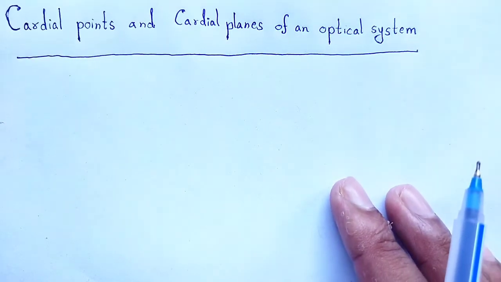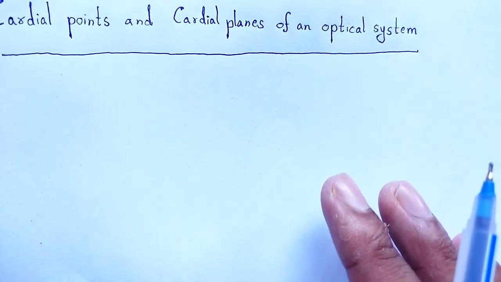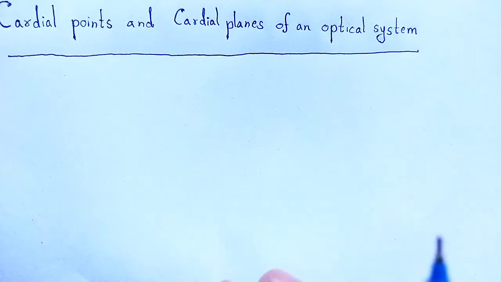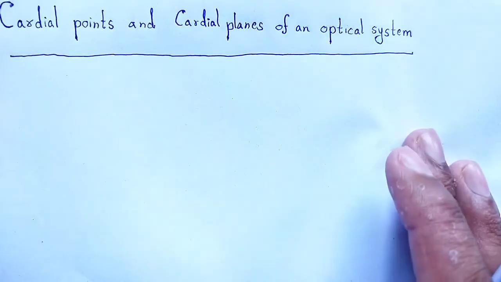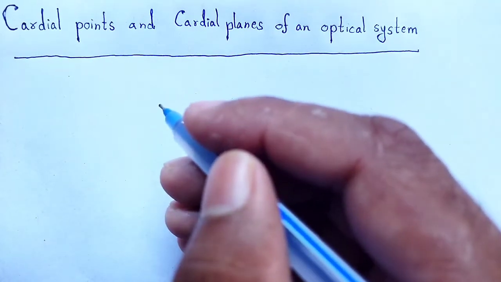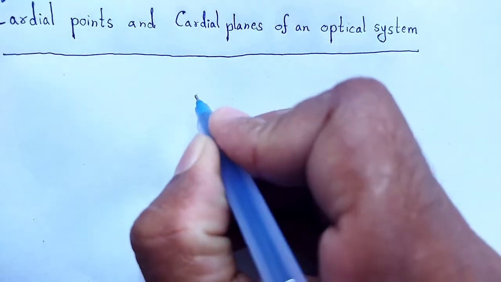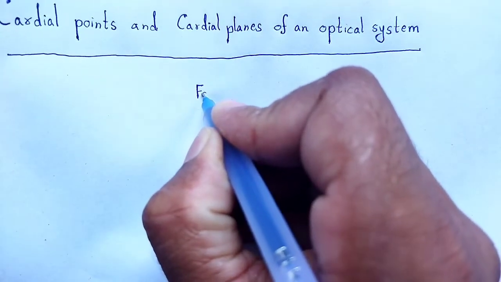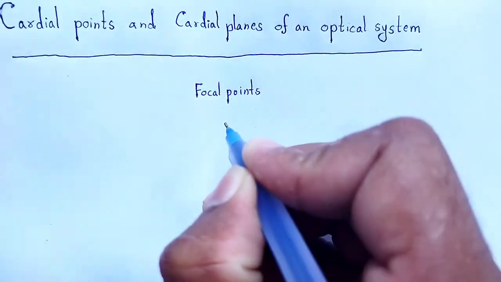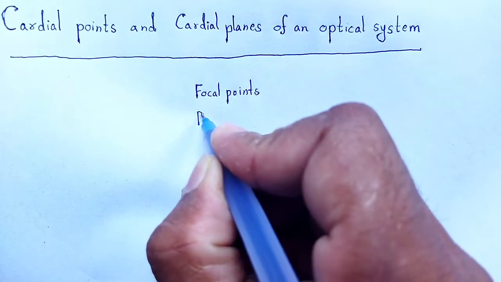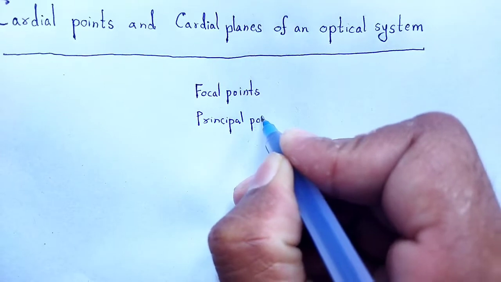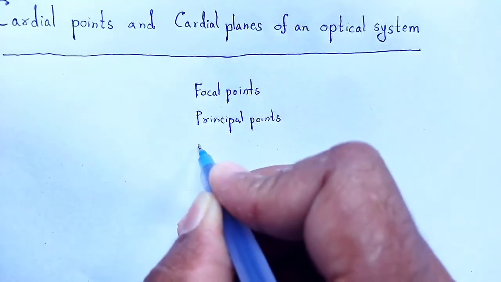Cardinal points. There are 6 cardinal points in the form of 3 pairs of an optical system. 3 pairs of conjugate points, like focal points, principal points, nodal points.